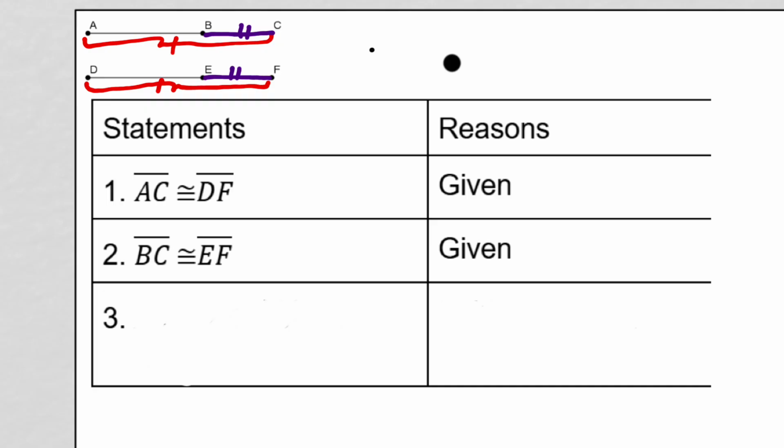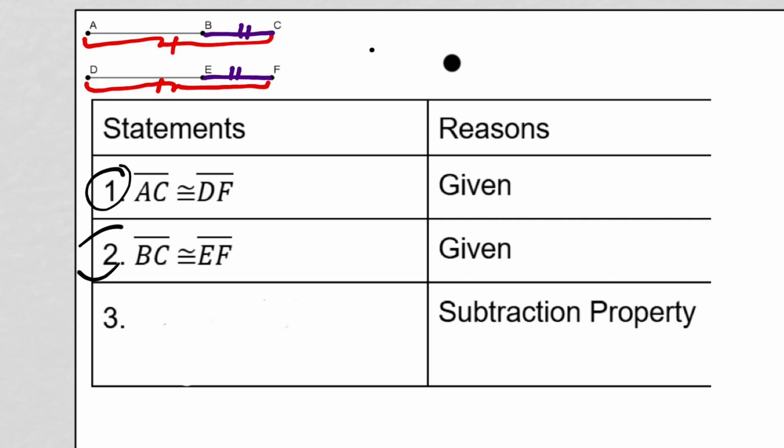But the way we get there is by using the subtraction property. And the way the subtraction property works is we take these two statements that both have congruence in them, and we literally subtract them. And when I do that, I don't jump yet to AB is congruent to DE, but just that AC minus BC is congruent to DF minus EF.